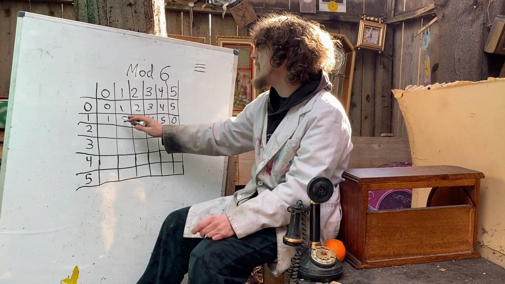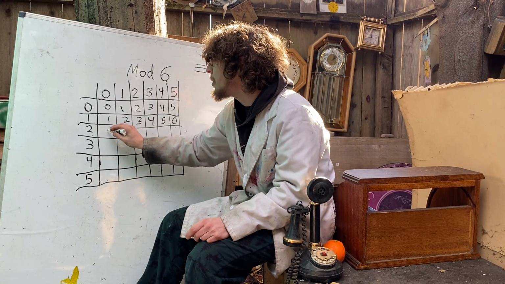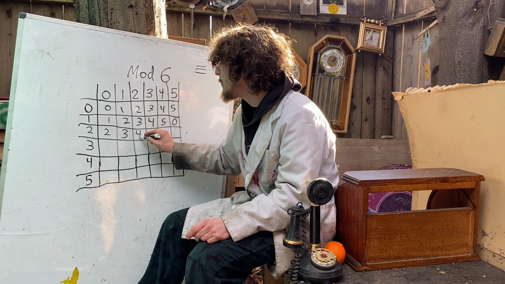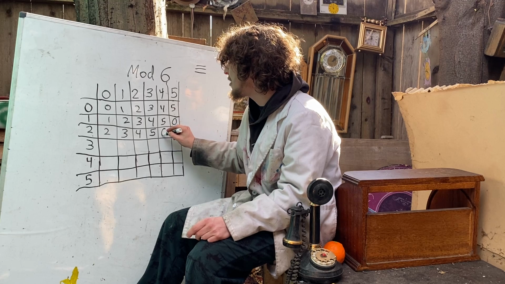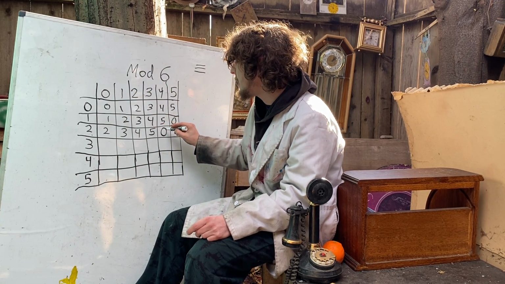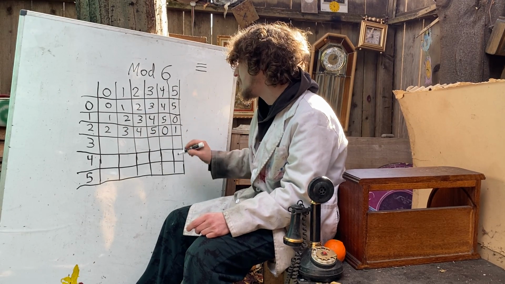So it sort of slides it over, if anything, going around the bend. Similarly, we would add 2 to each one here, as long as they fit, and then we would cycle back around. 4 plus 2 is 6, which is 0 in this land. 5 plus 2 is 7, which is 1 in this land.